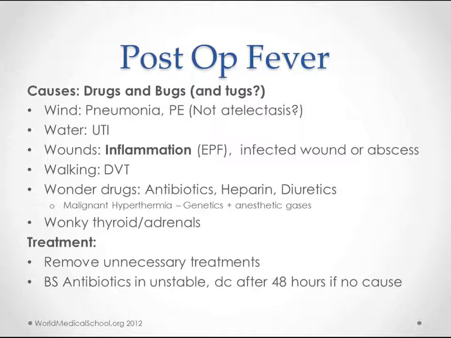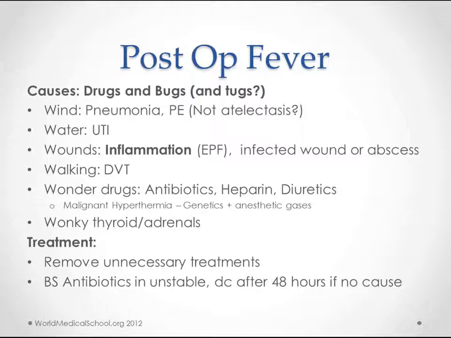BS antibiotics in unstable. Shoot, I'm sorry, I don't even remember what my own... Okay, I can't remember. So you give broad spectrum antibiotics if somebody's unstable, and then you DC those antibiotics after 48 hours if no cause.